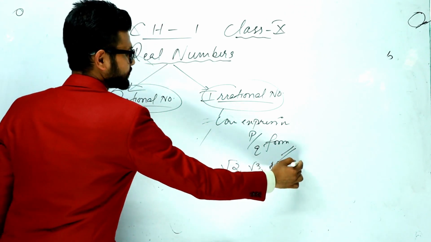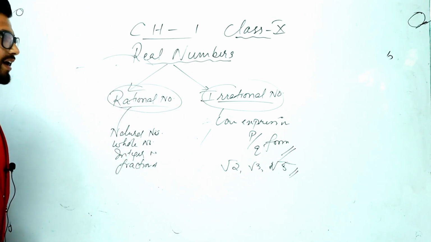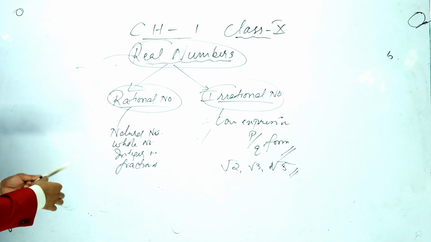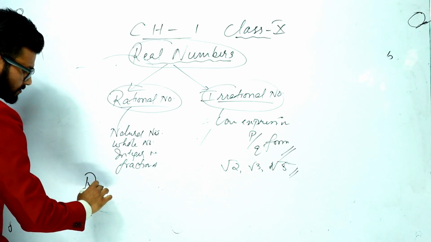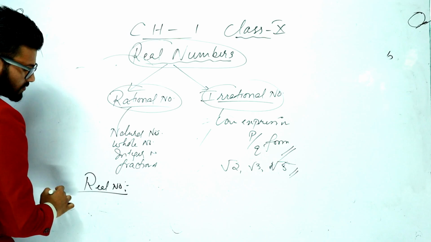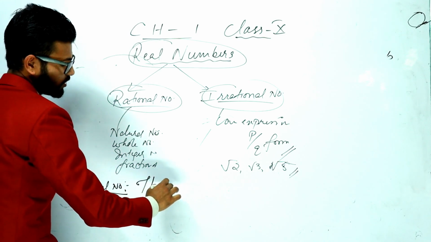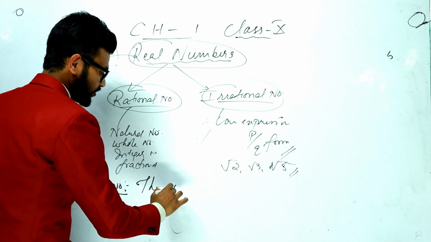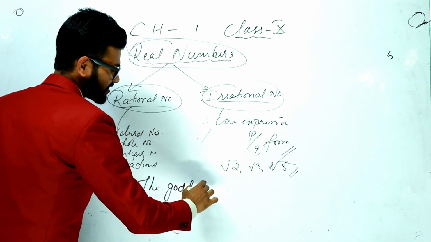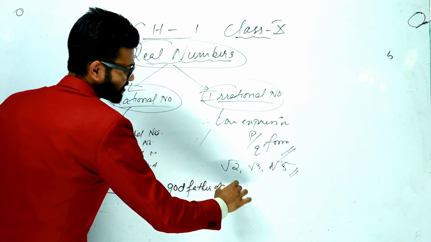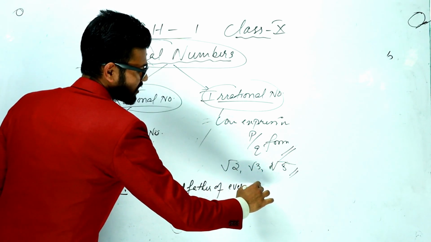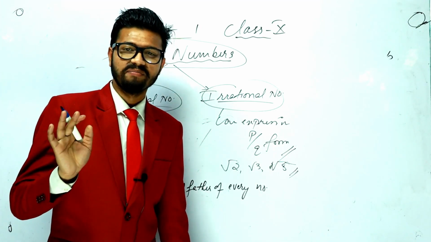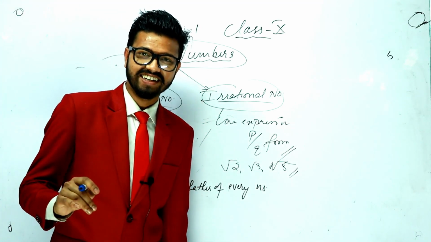I hope it's clear. Now for the real number, actually we do not need a definition. We can say it is the godfather of every number. Don't write it, it is just to make you understand. The godfather of every number, except imaginary or iota numbers, which you will get in higher secondary, not now in class 10.